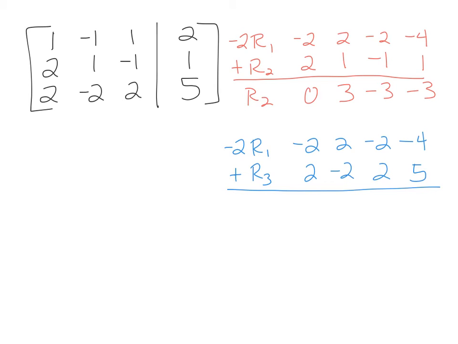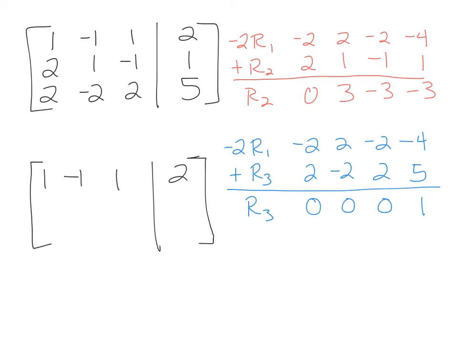So when we add these together, we will store it back into row 3, and we will have 0, 0, 0, and 1. So the new matrix will look something like this. 1, -1, 1, 2. We will have 0, 3, -3, -3, and we will have 0, 0, 0, 1.